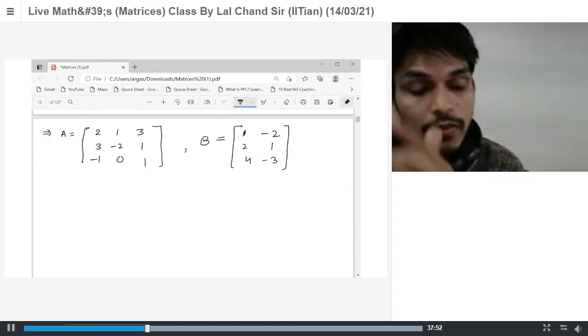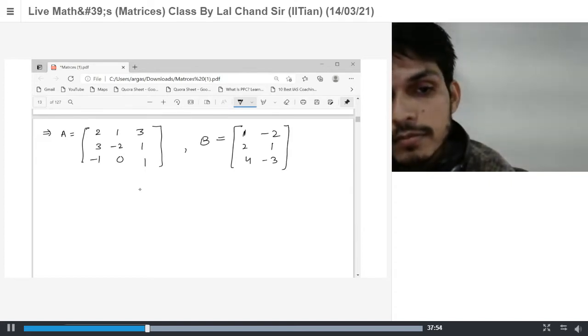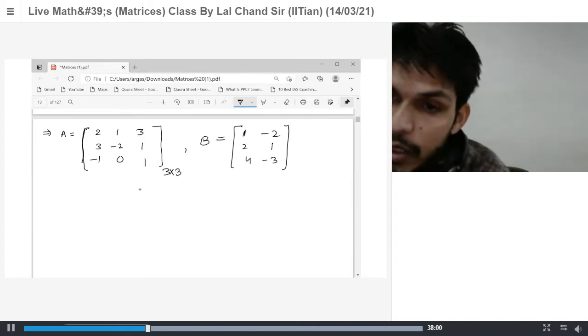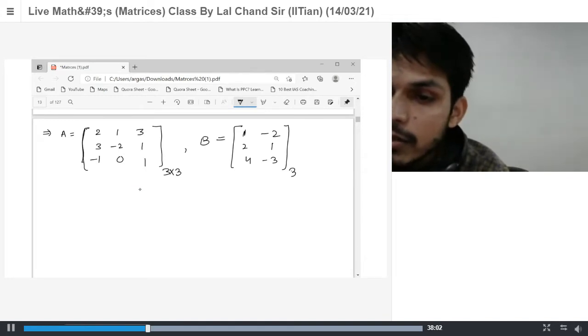So I have 3 cross 3, and the order of this matrix will be 3 cross 2.